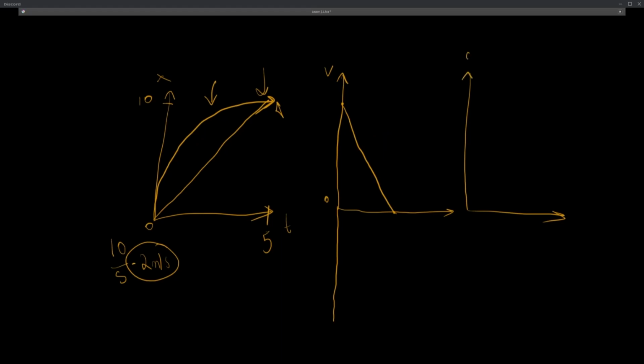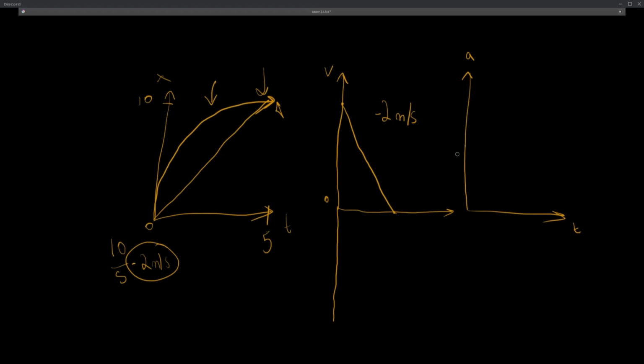Now for the acceleration-time graph, you'd have a as the y value and t, of course, as the x value. But because acceleration here is constant, because it's a linear line, right? The acceleration is always going to be 2 meters per second. I mean, the velocity is always going to be 2 meters per second, right? So the acceleration is going to be 0 because the velocity isn't changing.